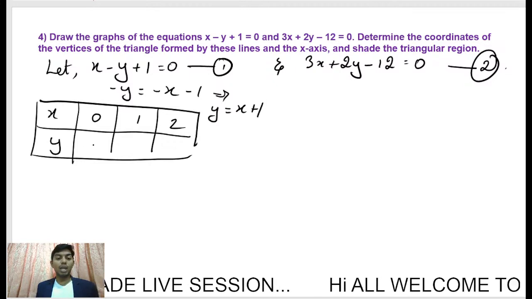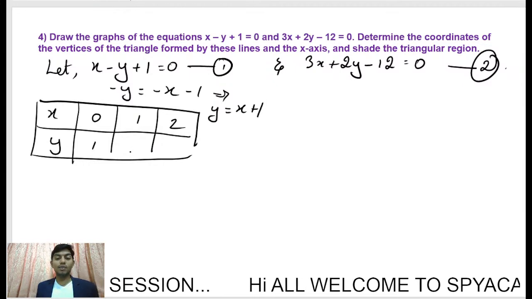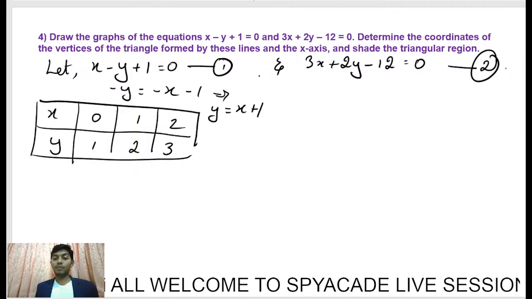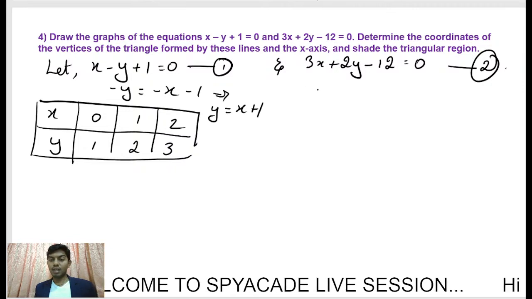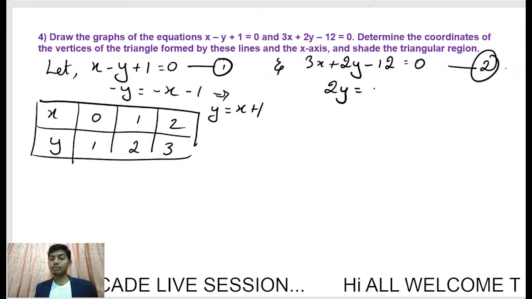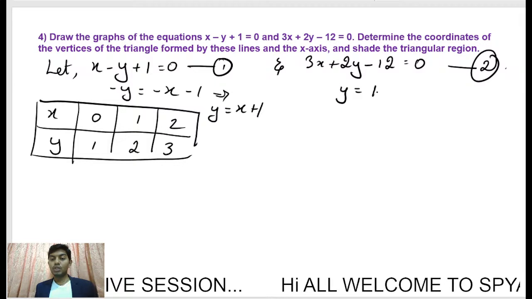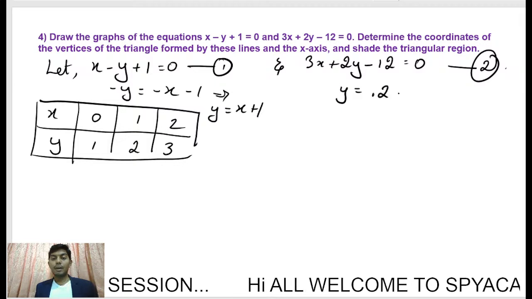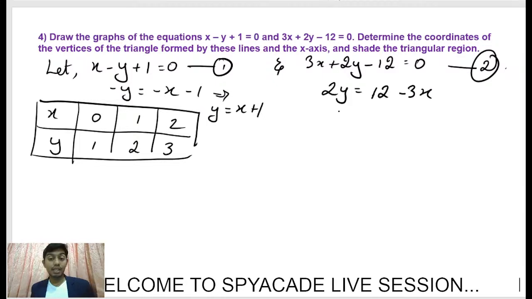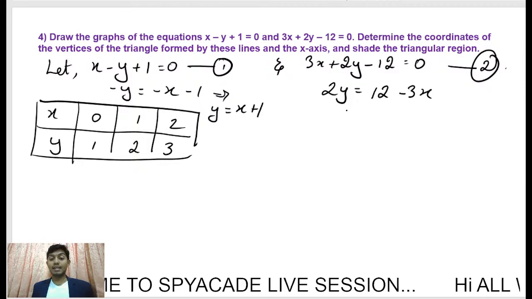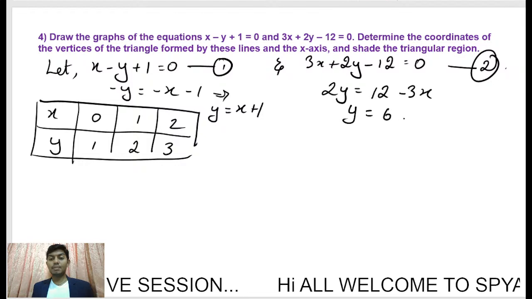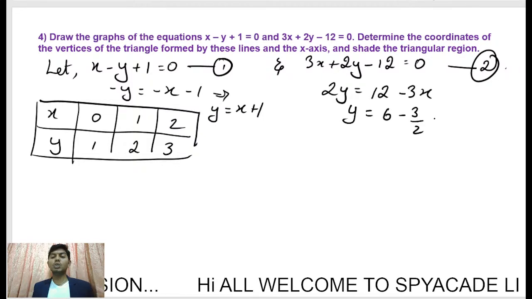If you put 0, 1, 2 into this, you get a few values. Same way here, 2y is equal to 12 minus 3x, and y is equal to 12 by 2, which is 6, minus 3 by 2 x.